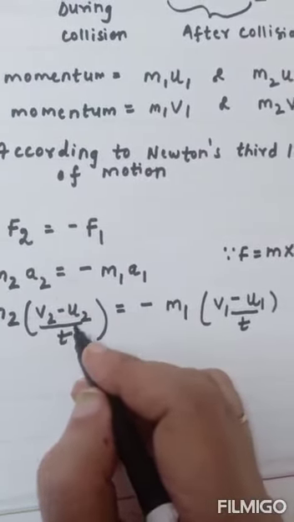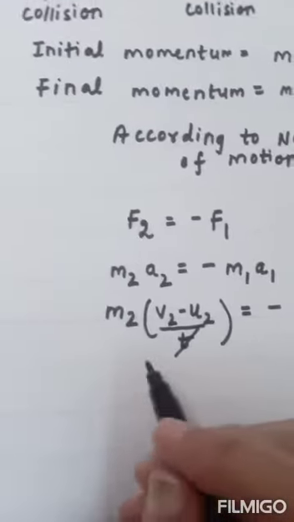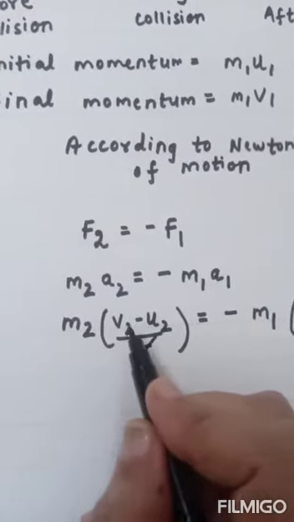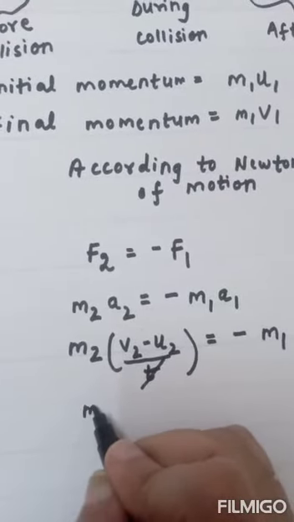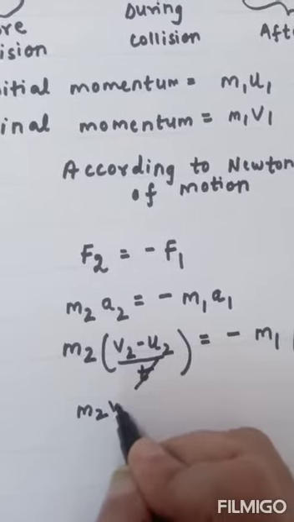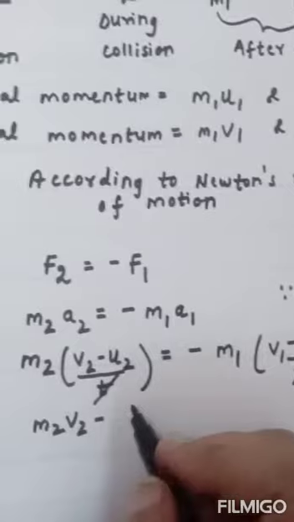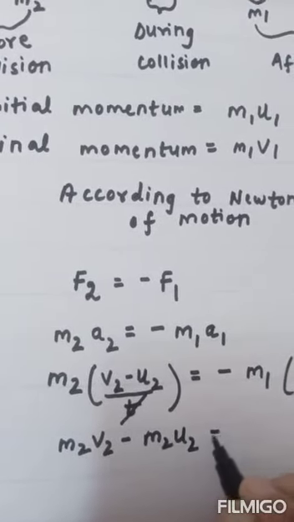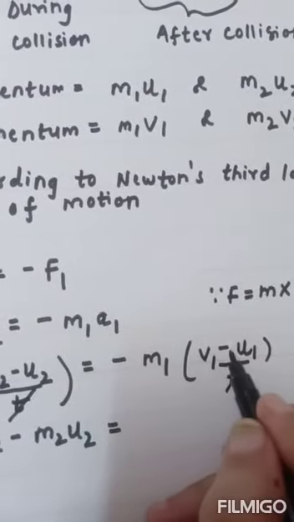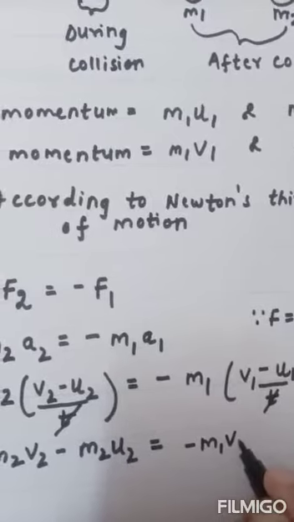Now t will cancel off. Simple multiplication we will do. m2 into v2 minus m2 into u2 equals minus m1 into v1 minus m1 into u1.